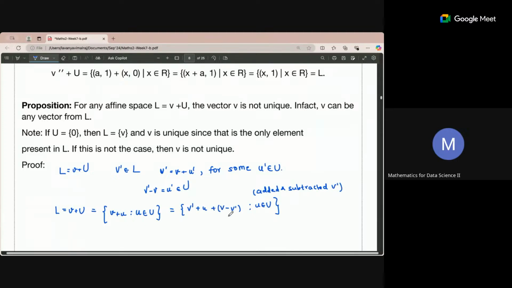What do you know about V minus V'? Where does it belong?